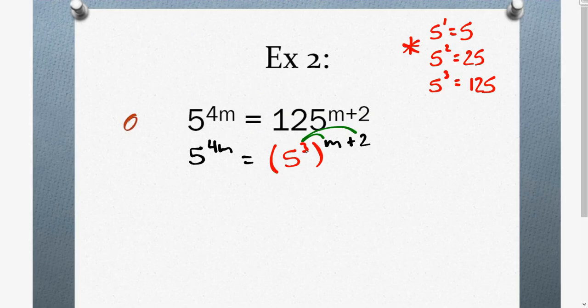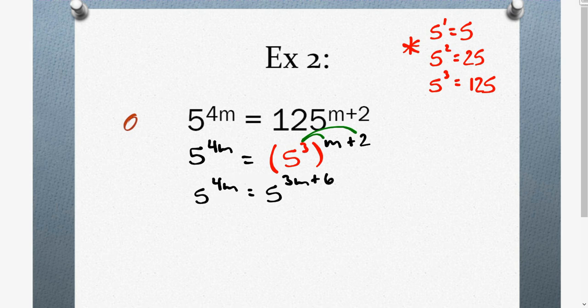So 5 to the 3 raised to the m plus 2 is the same as 5 raised to the 3 times quantity m plus 2. So using the distributive property there, we got 5 to the 4m, and that equals 5 to the 3m plus 6, distributive property.